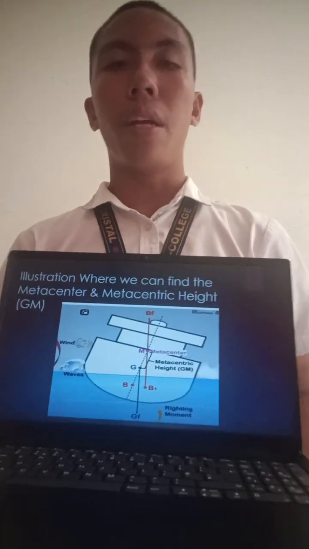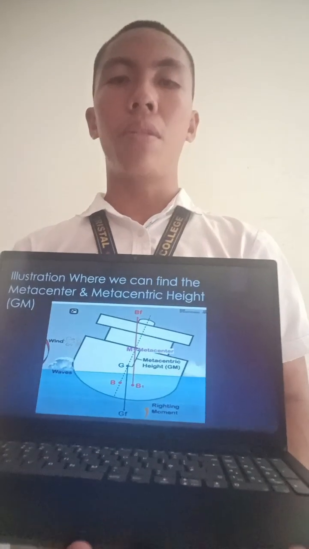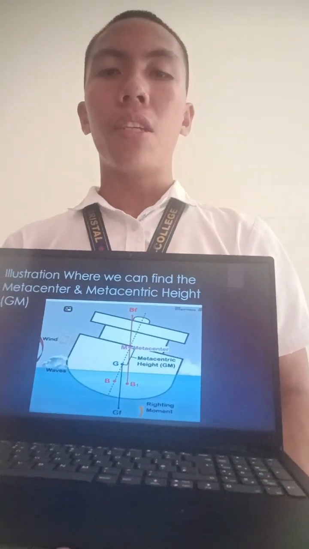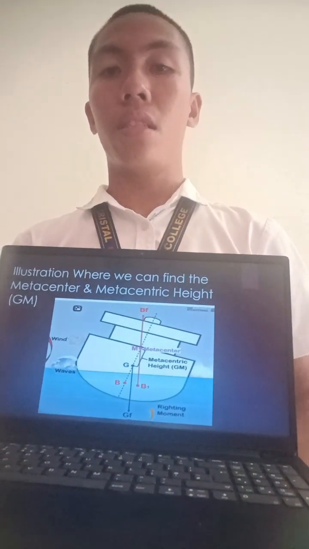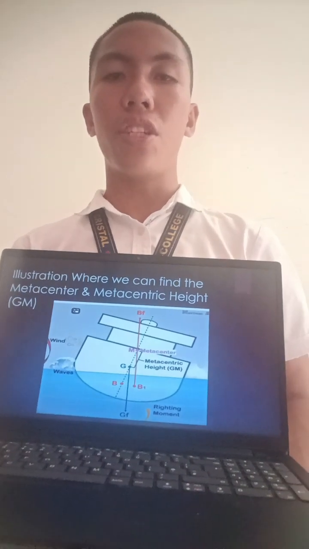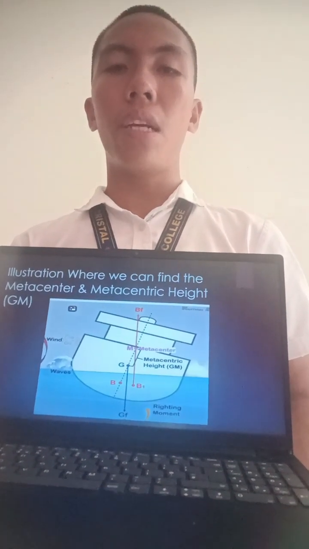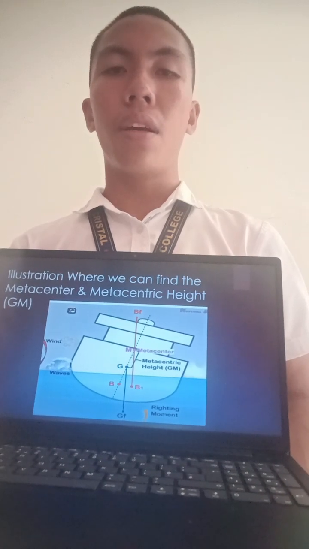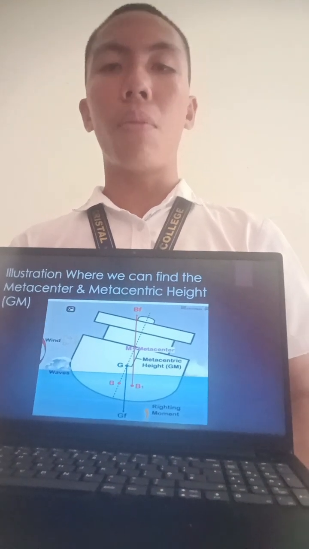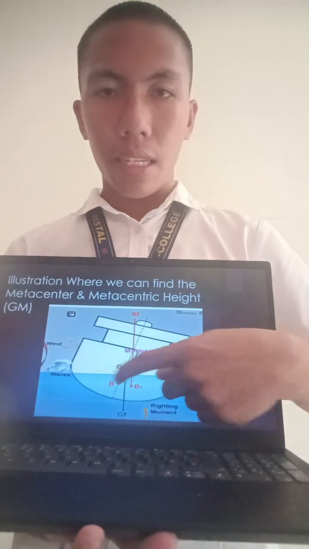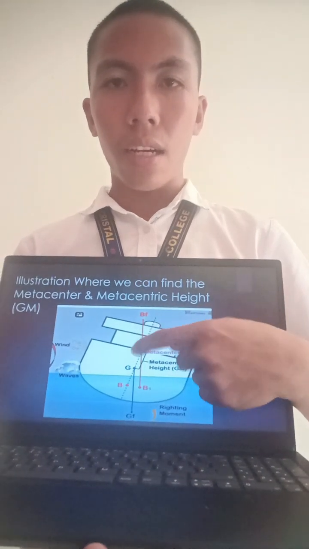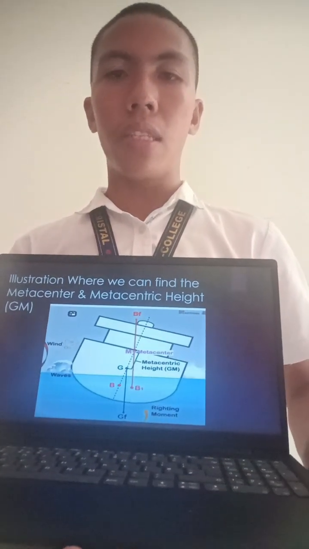So, number three, metacenter, the point of stability. Metacenter. This is a theoretical point that determines the initial stability of a ship. It is the point where a vertical line through the center of buoyancy intersects the center line of a ship when it's tilted.